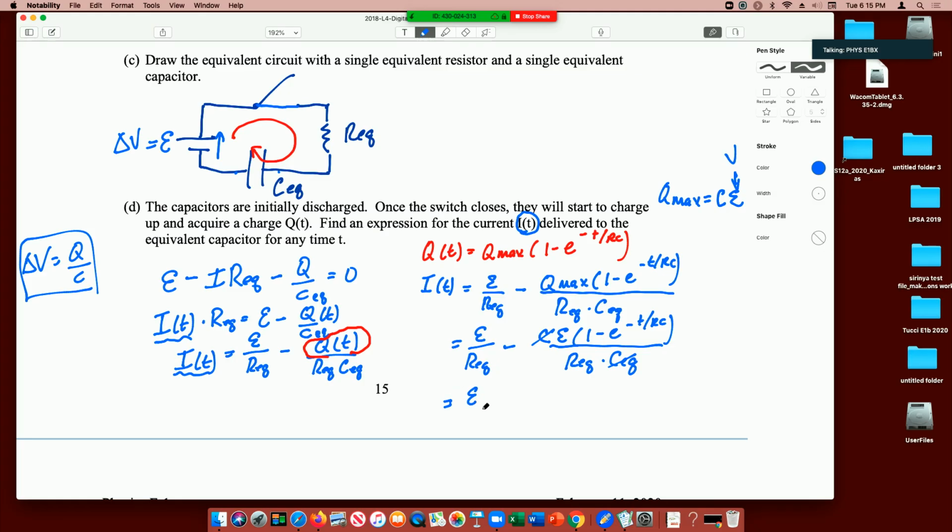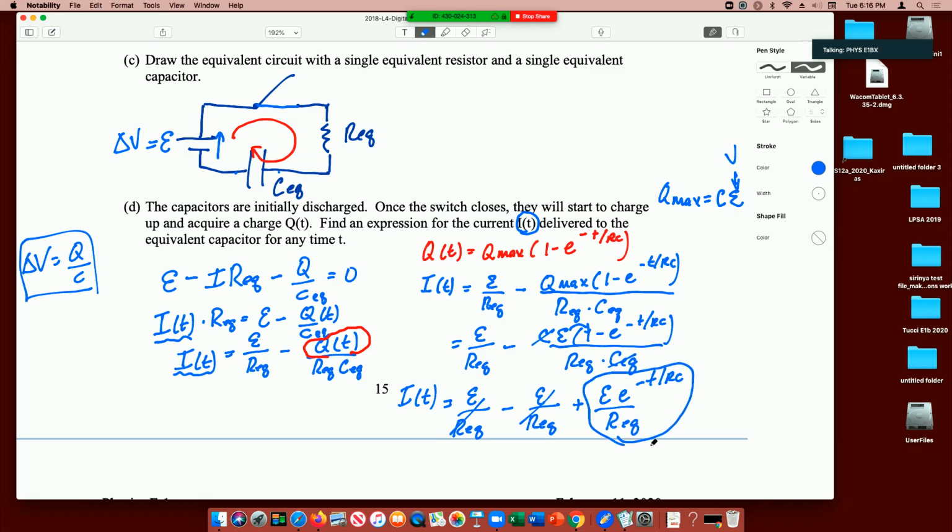So you've got this term, minus, and then E over R equivalent, and then this is plus, because now I've got minus minus, so this is E times E to the minus T over RC over R equivalent. Okay, so these go away, right? Because they cancel each other, and then your final expression is basically just this.